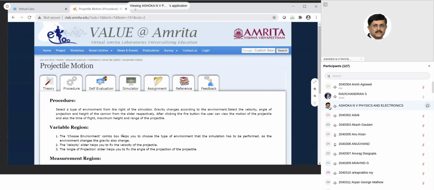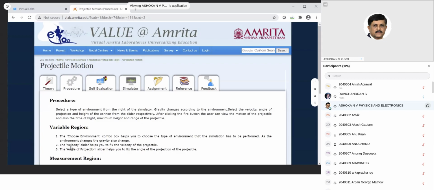Choose the environment, we will choose the surface of the Earth, and the simulation has to be performed. Then you have the velocity slider to help you fix the velocity of the projectile, whatever value you want. Then the angle of projection, that also you have here.